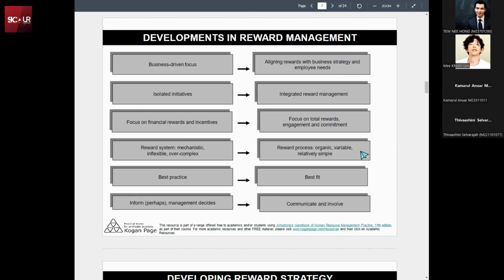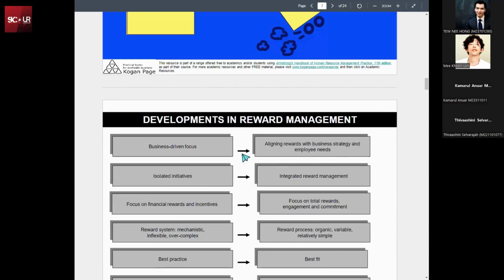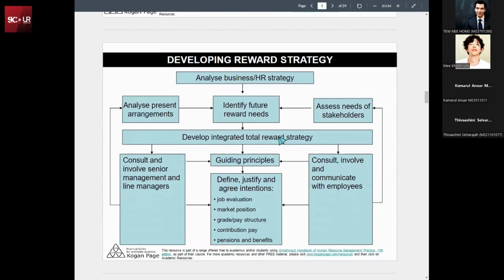Okay. After we know to change the paradigm, to change the way that we do and the way that we develop, we need to make sure we are developing with strategy.